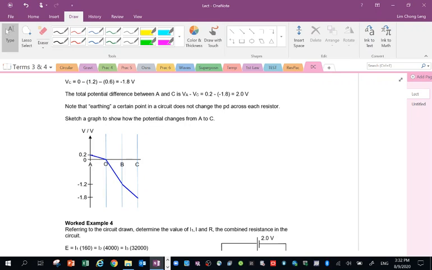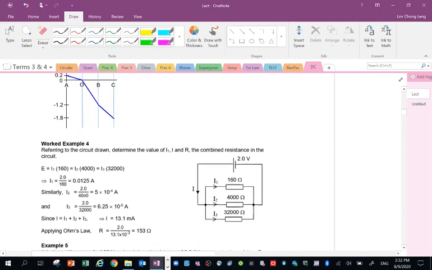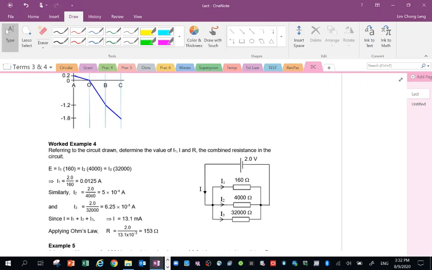Work example 4. Suppose I give you 3 resistors in parallel. I call the first one resistor R1, the second one resistor R2, and the third one resistor R3. Three resistors.